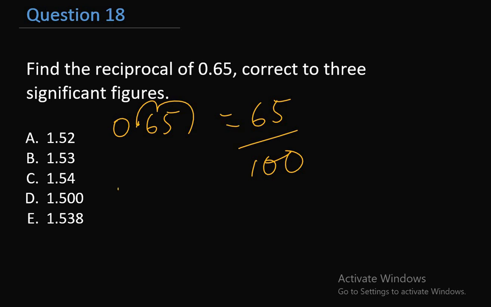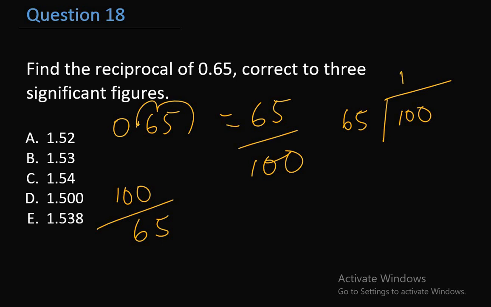Reciprocal means you flip, so you have 100 over 65. Let's divide 100 by 65. 65 into 100 is 1. 65 times 1 is 65. Subtract to give us 35. 65 into 35 cannot go, so you put your point here, add your 0. So 65 into 350.